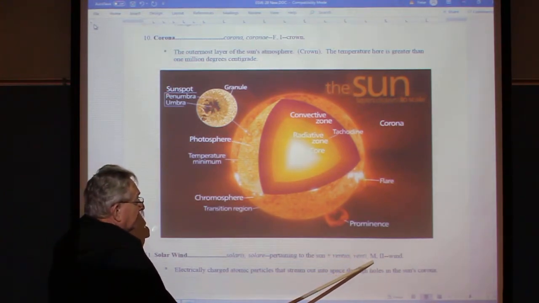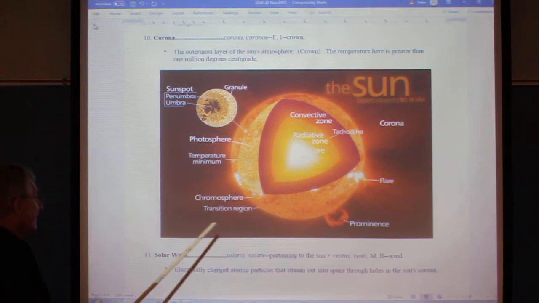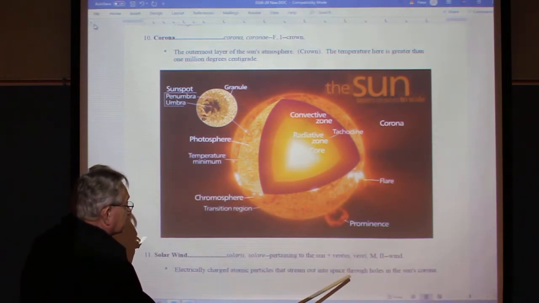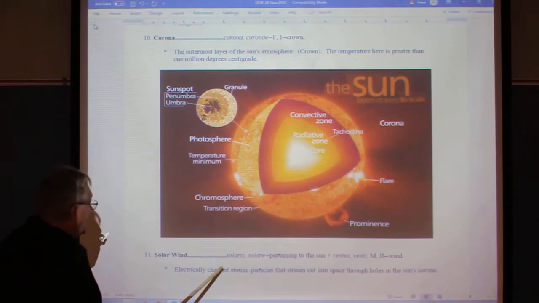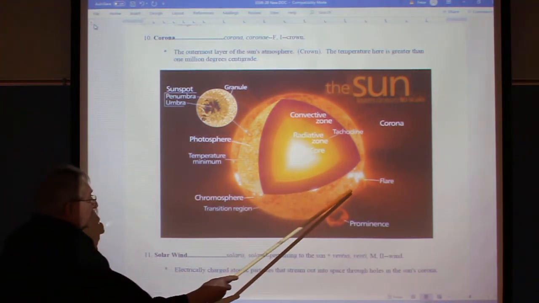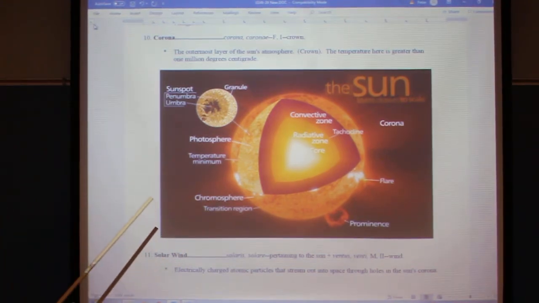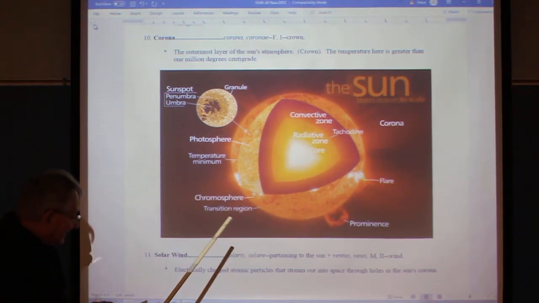Ventus, venti, masculine second, wind, we talked about wind many, many times. The electrically charged atomic particles that stream out into space through the holes in the sun's corona. Okay, and that's caused by flares and prominences also. We had that before, but we're stopping today with word 11.